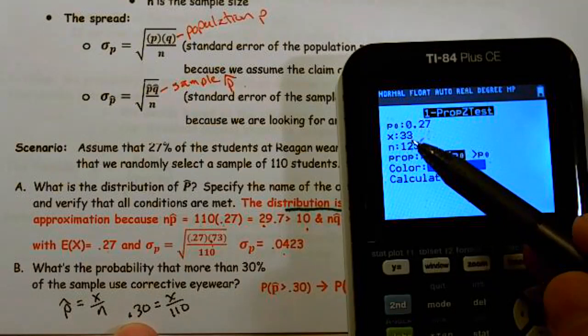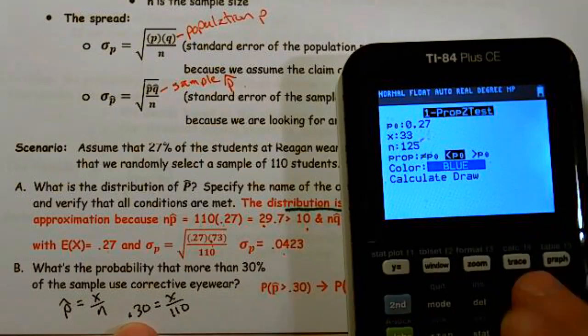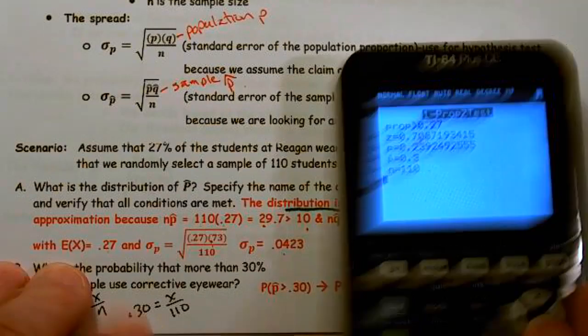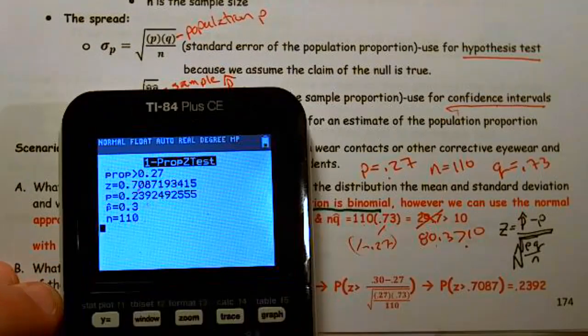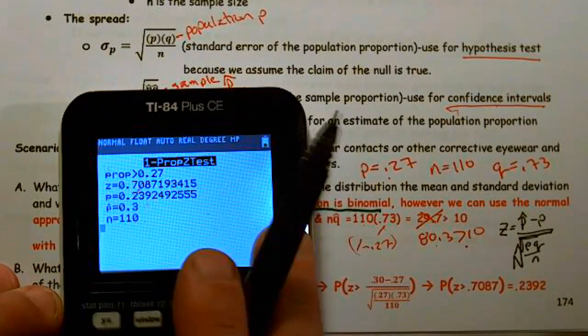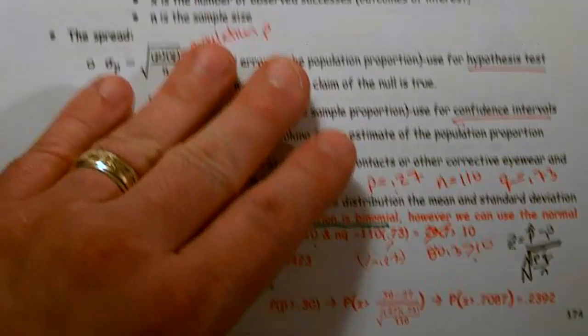If it's not, you need to round. N also needs to be a whole number. Our N was 110. And we wanted the probability that it was greater than 30%. If we calculate, we end up getting 0.7087, and this is 0.2392. And this is a stat test, one proportion Z test, for running a hypothesis test.